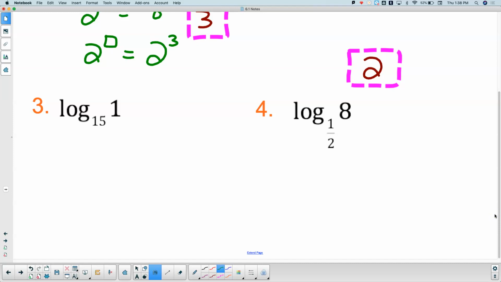Number 3, agree? Anybody? What exponent do I have to put on 15 to get 1? 0. Yep.